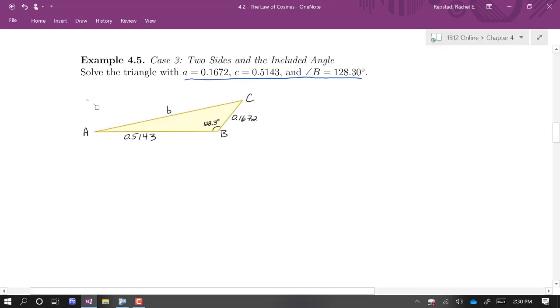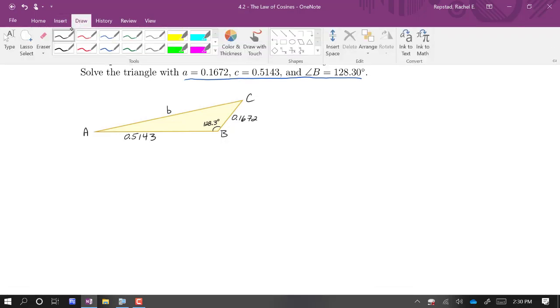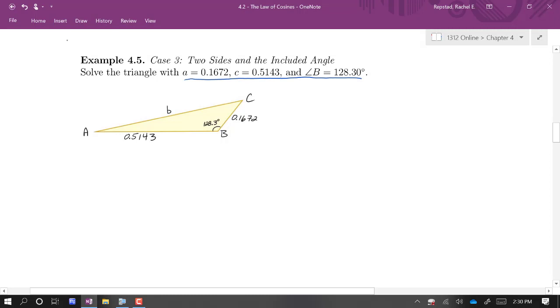In this situation where I have two sides and the included angle, we're going to use the law of cosines first to find side little b. That's where we're going to start.